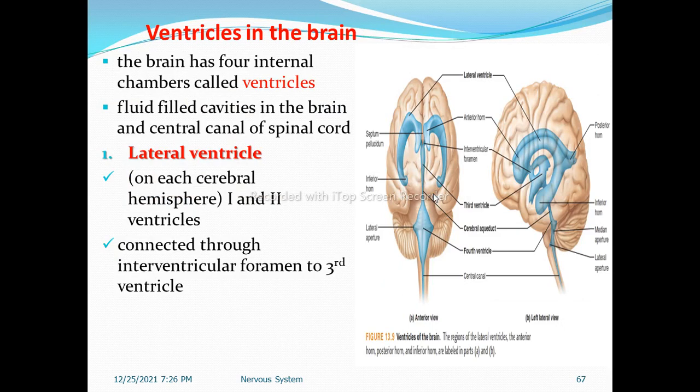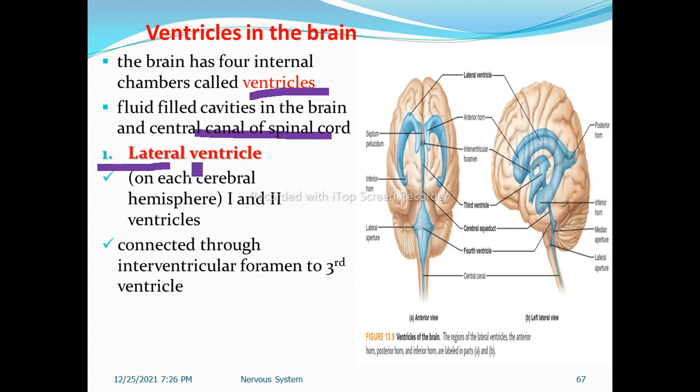Now we are starting the ventricles of the brain. The brain has four internal chambers called ventricles, fluid-filled cavities in the brain, and there is the central canal of the spinal cord. Ventricles means a cavity which is filled by fluid in the brain, but in the spinal cord it is the central canal.